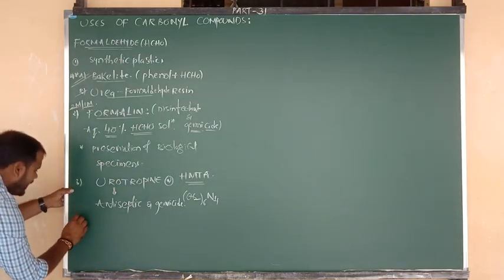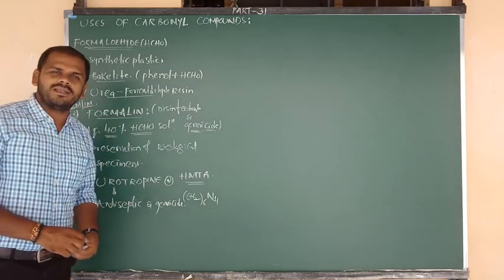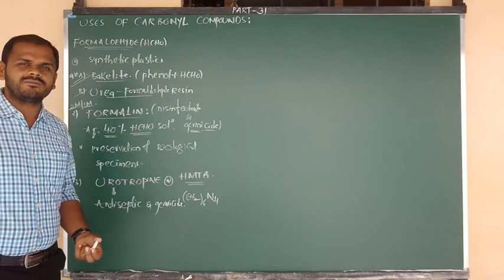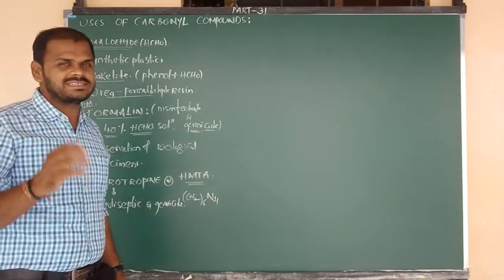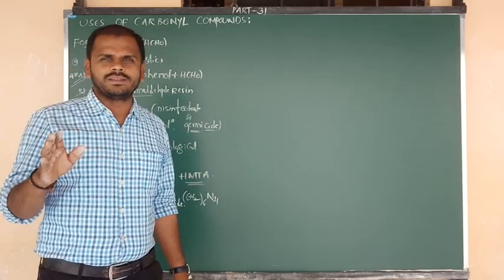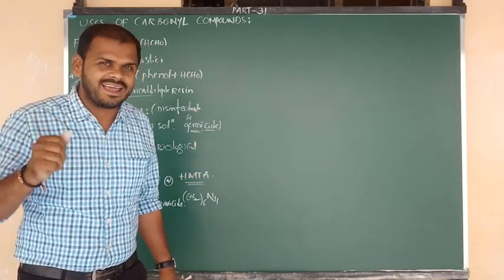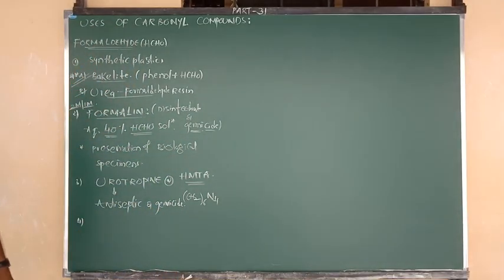and also it has a germicide nature. Right. So the next use I am going to tell you is about formaldehyde. You know very well, we did the Tollens test and Fehling's test, both of which are positive for aliphatic aldehydes. The best example of an aliphatic aldehyde is formaldehyde.